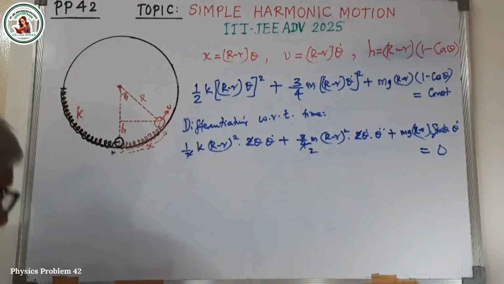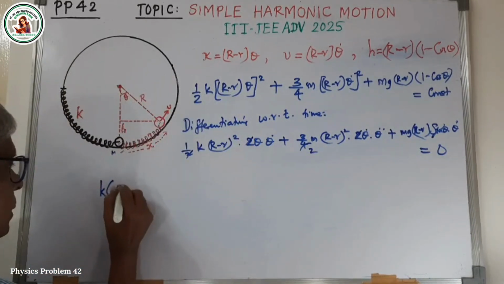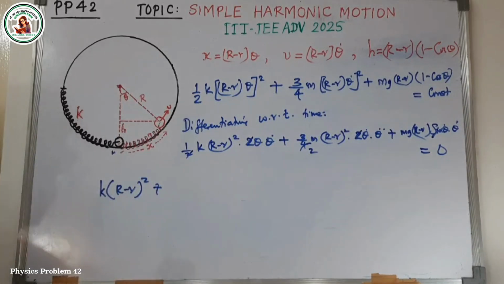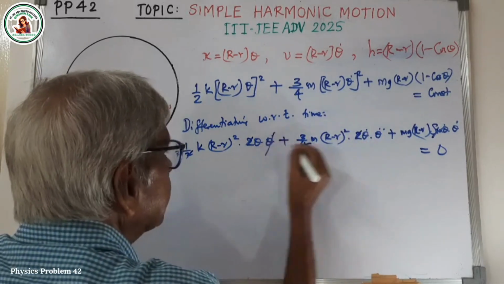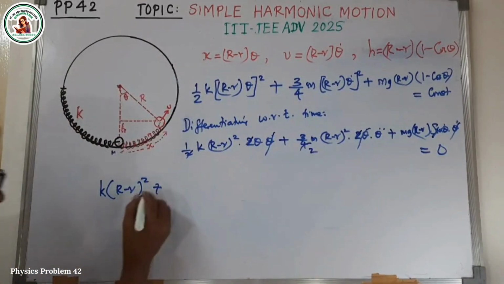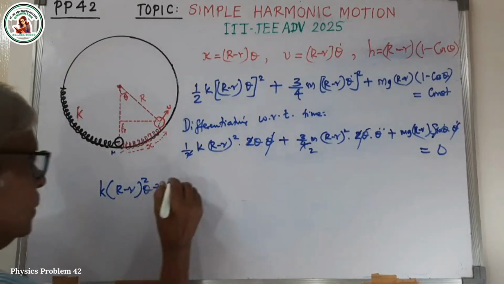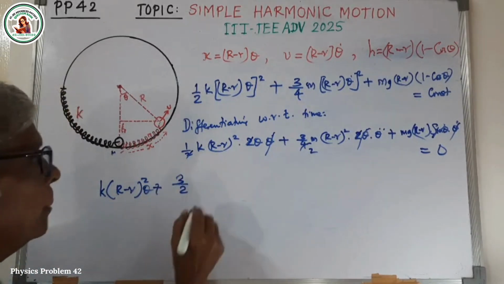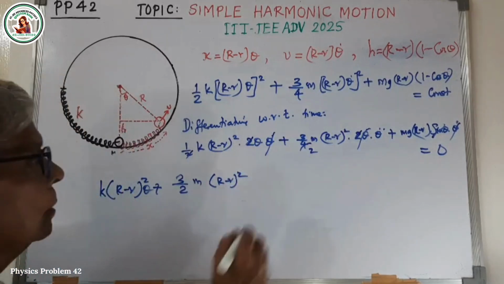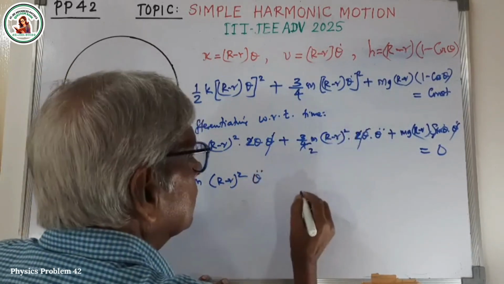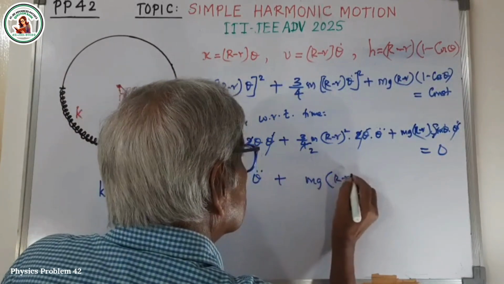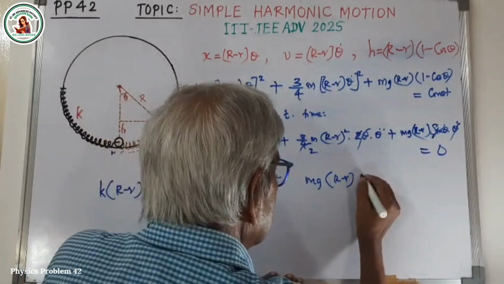So we get k (R minus r) square, and theta dot you can cancel everywhere because it is common, in all 3 cases. So k (R minus r) square theta plus 3 by 2 m (R minus r) square theta double dot, plus mg (R minus r) theta equal to 0.